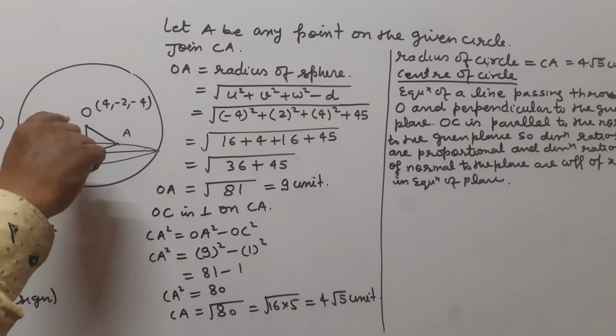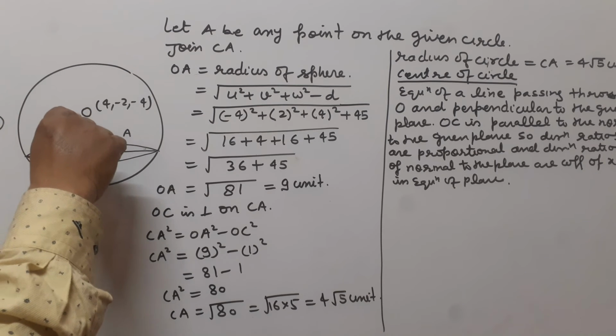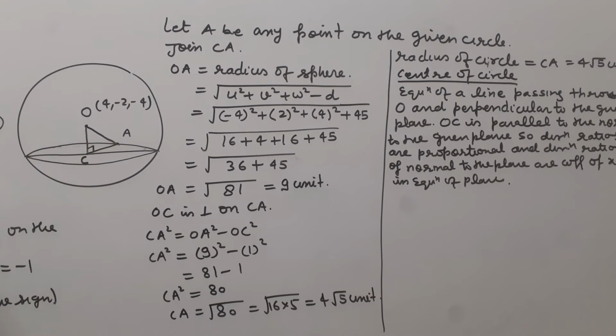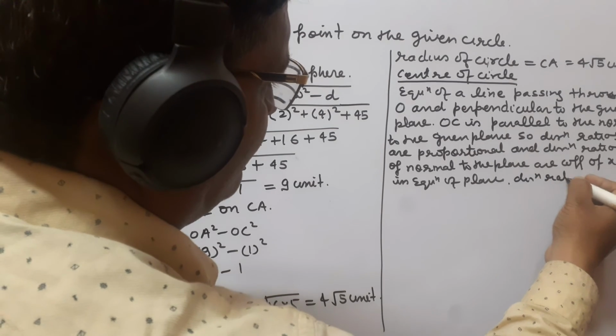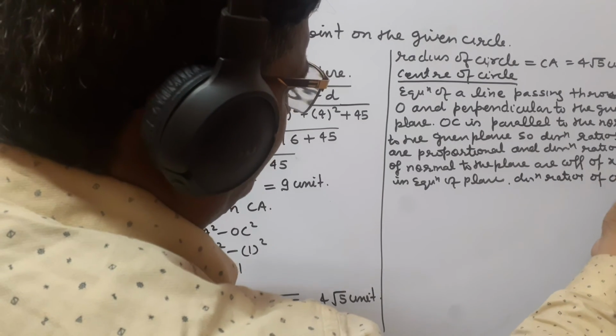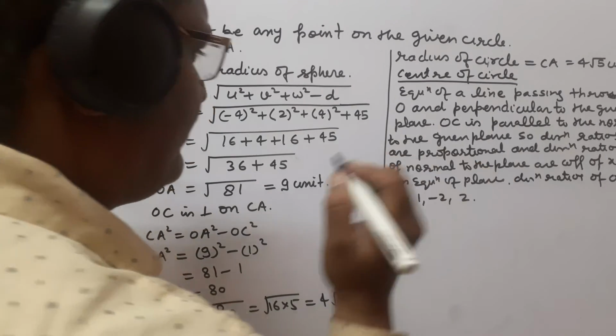So the direction ratios of OC are proportional to the direction ratios of the normal to the plane, that is 1, minus 2 and 2. So direction ratios of OC are 1, minus 2 and 2.